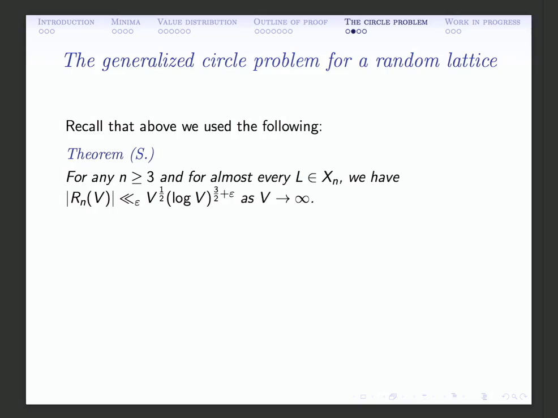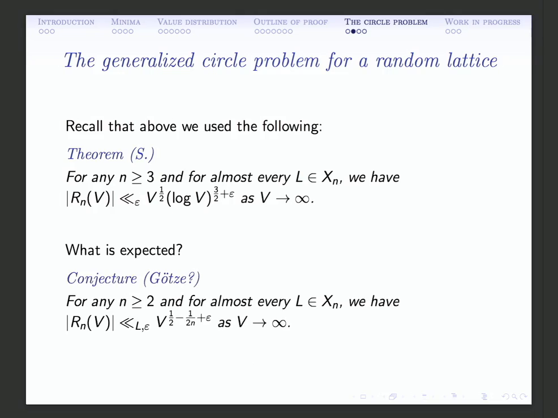And one can ask, how good is this estimate? And I said something about how it's really important that you consider almost every lattice here. So you consider irrational lattices. If you have rational lattices, you get something much worse, typically. And one can ask, what is expected?